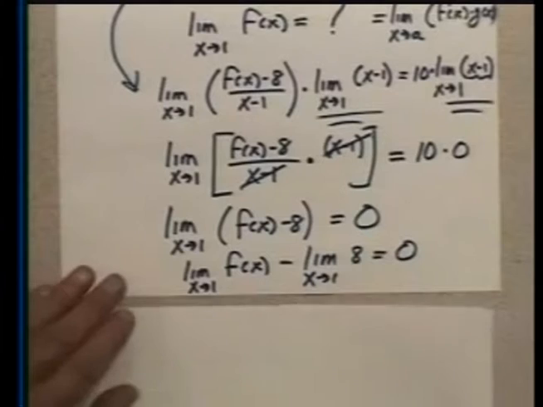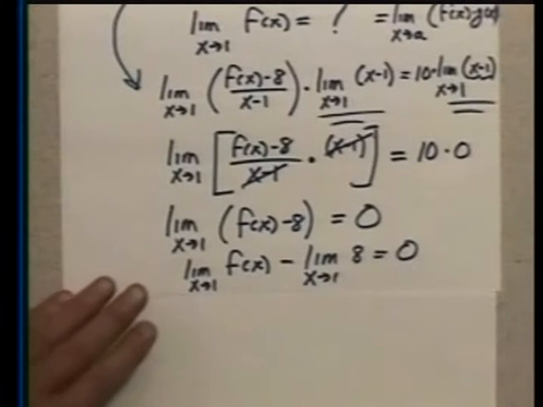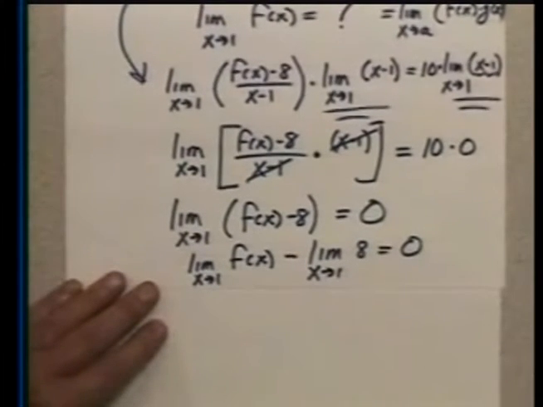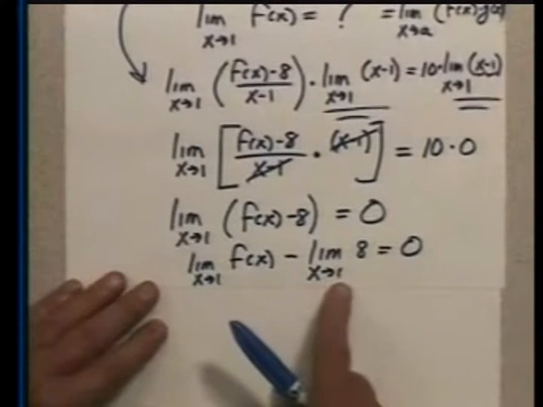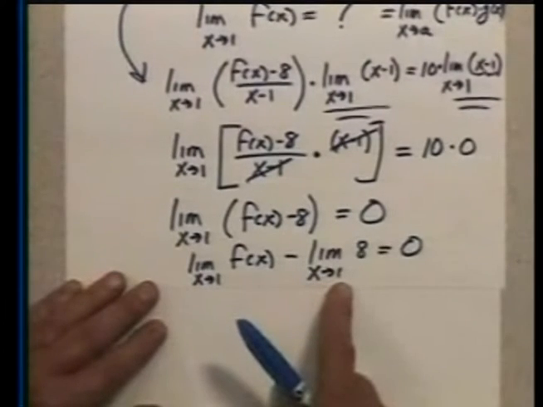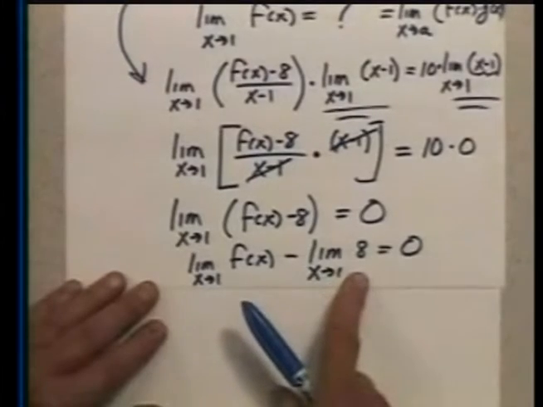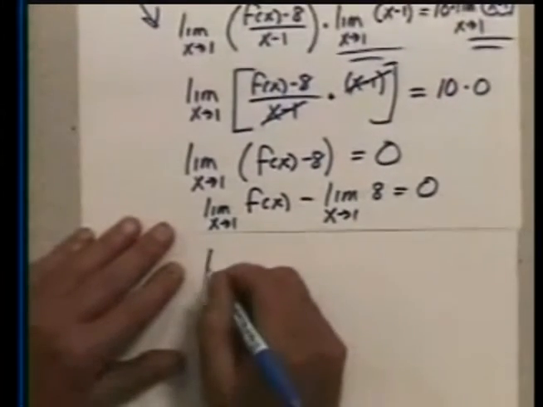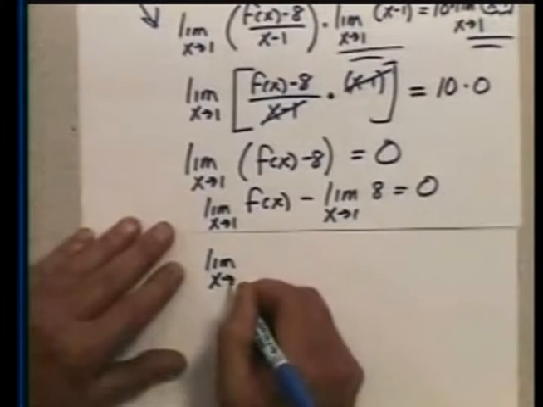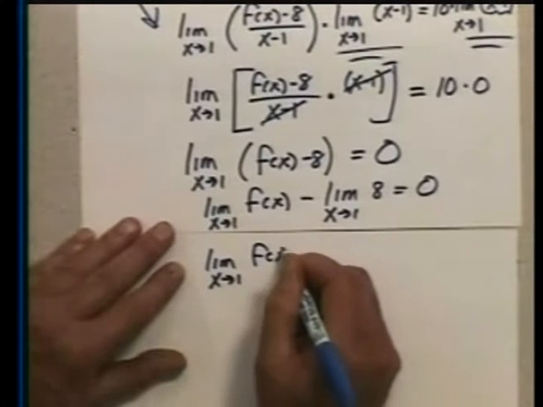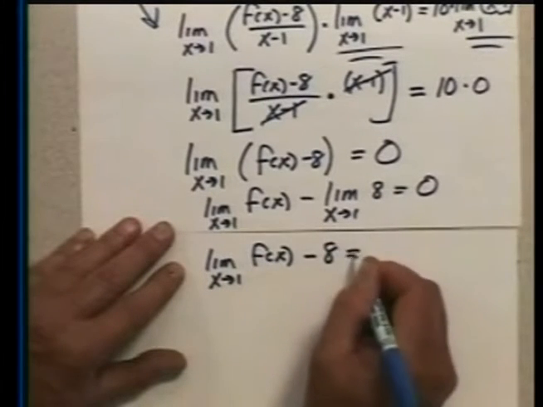But what's the limit of a constant like 8? No matter where you're going, whether you're headed for 13, 100, 56, minus 19, 1 even, the limit of 8 is 8. So I have the limit as x approaches 1 of f of x minus 8 equals 0.